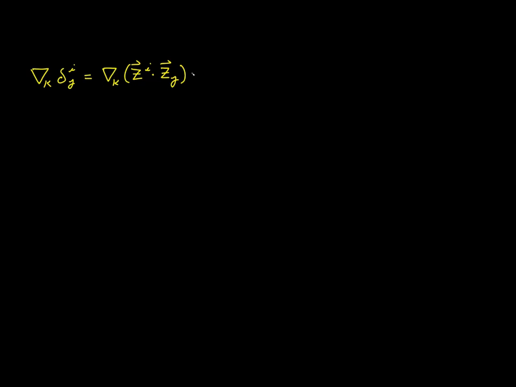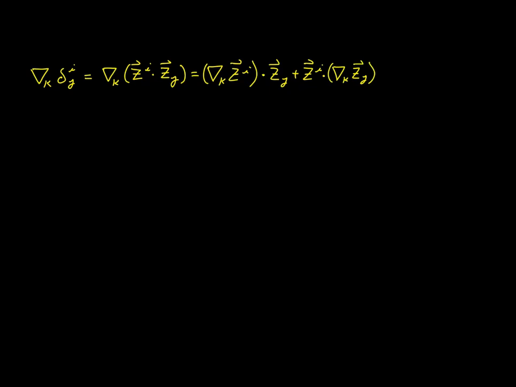Well, now we just apply the product rule that we talked about in the last video. We'd start with the covariant derivative of zi, and then we will dot that with zj. Then we will add zi dotted with the covariant derivative of zj.